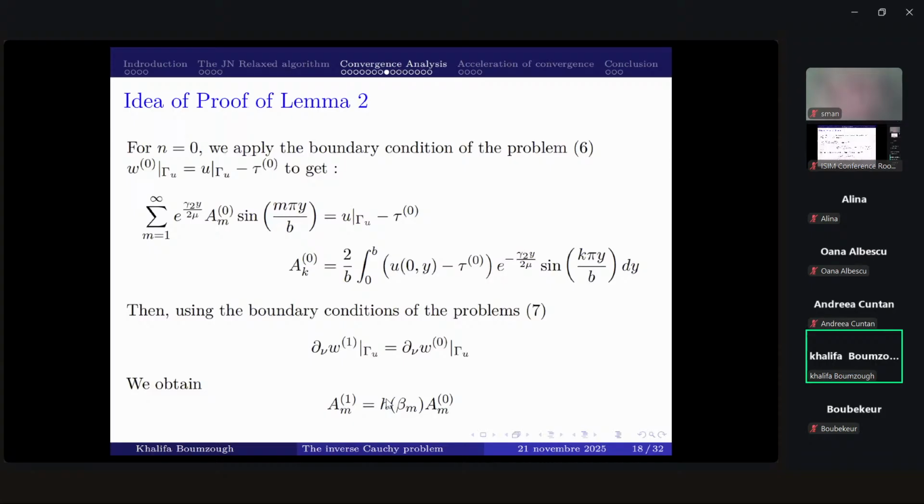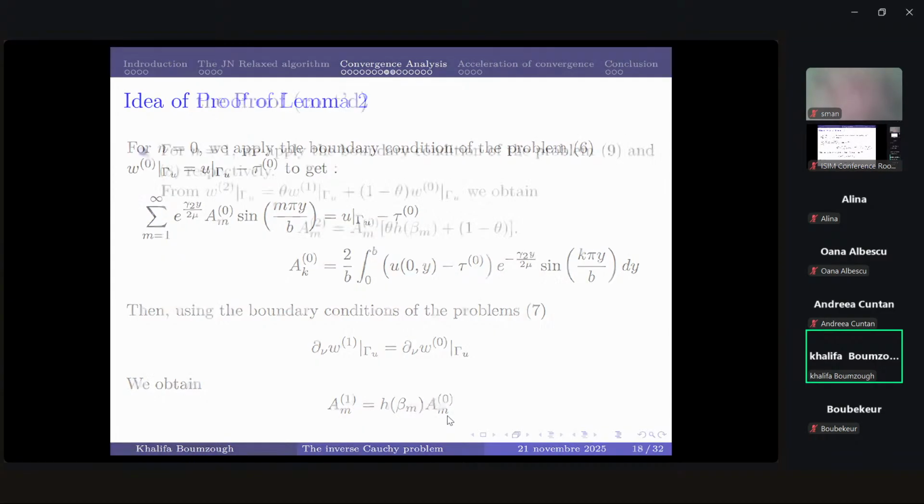For n equals 0, we apply the boundary condition of problem 6, where W0 equals U minus U0. So we obtain A0 equal to this formula. Then using the boundary condition of problem 7, we also obtain E0 equal to H beta M E0.